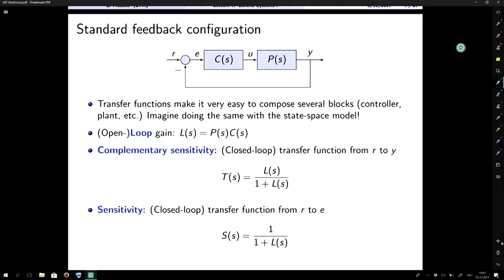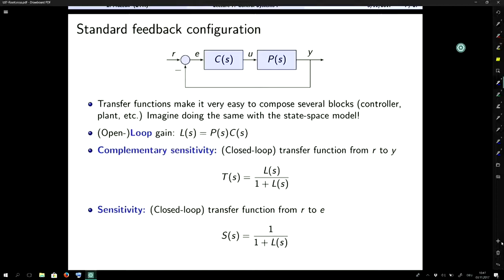The product of all the transfer functions on the forward path is what is called the loop gain. So essentially this is the open loop transfer function. If you didn't have that feedback path, this would be how your system would behave.